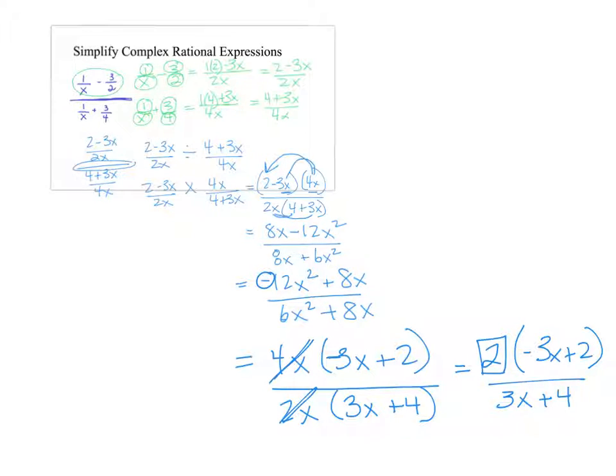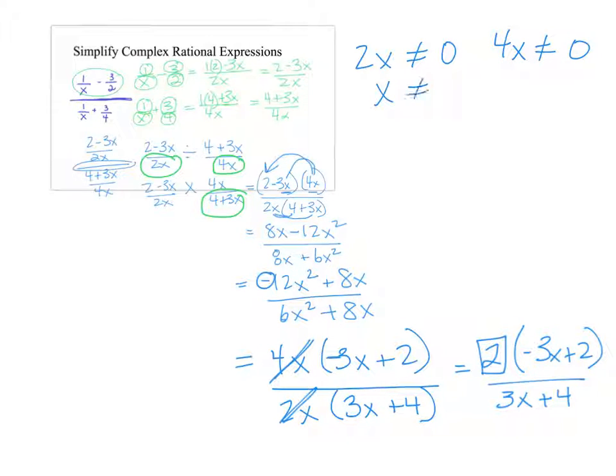And then to look at my domain, I am going to need to look at the denominators that I have. So I had 2x, I had 4x, I had 4 plus 3x. These all can't equal 0. So 2x can't become 0, or else we're going to get a non-solution, and 4x can't equal 0.